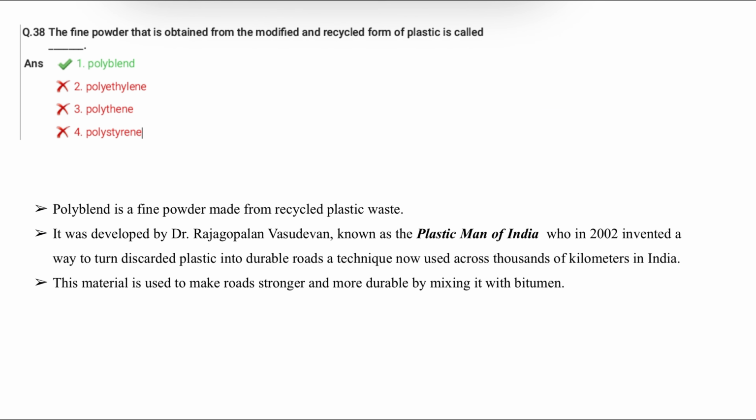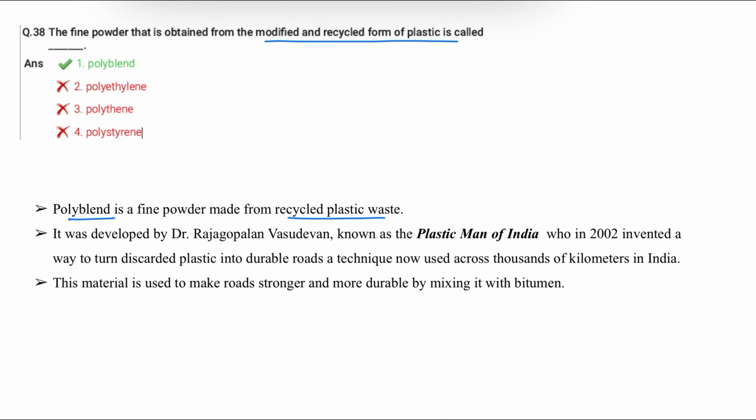Question 38. The fine powder obtained from the modified and recycled form of plastic is called polyblend. It is a fine powder made from recycled plastic waste.